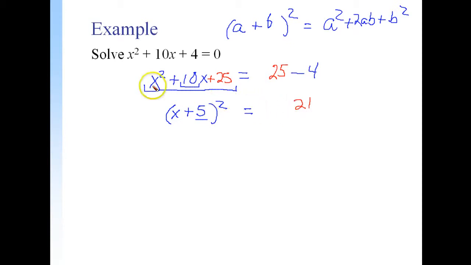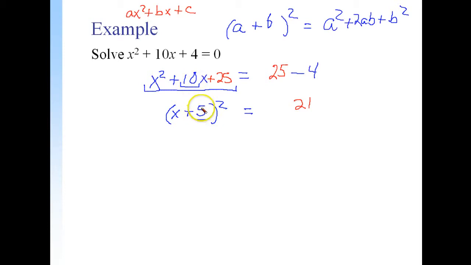And how did we do this? Well, we took the c term over to this side, and this is ax squared plus bx plus c. This is the c term here to the other side. Then we took half of b, and we got 5.